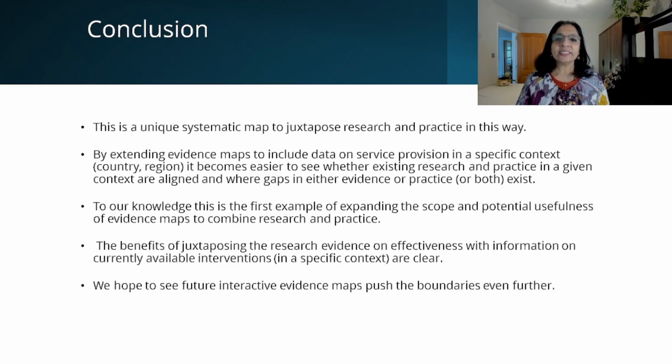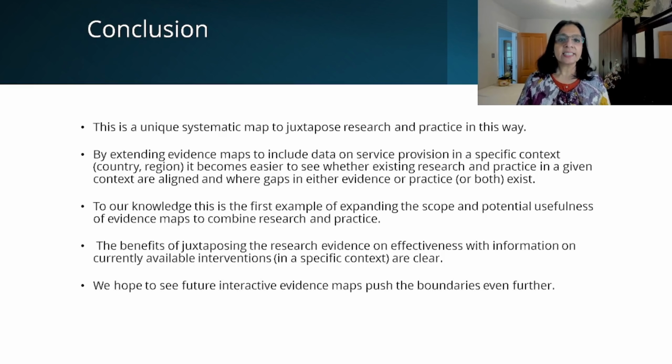So to conclude, this is a unique systematic map and the first of its kind to juxtapose research and practice in this way. By extending evidence maps to include data on service provision in a specific context, country or region, it becomes easier to see whether existing research and practice in a given context are aligned and where gaps in either evidence or practice exist.